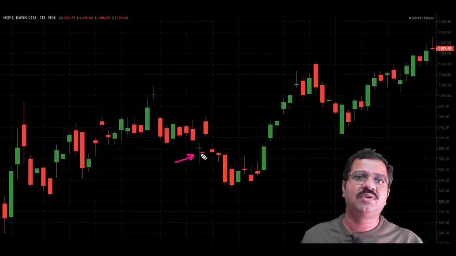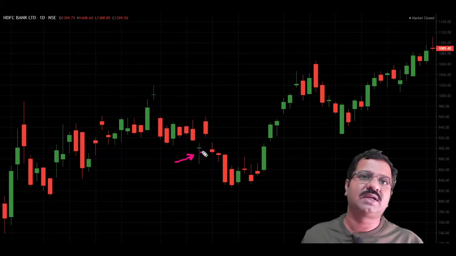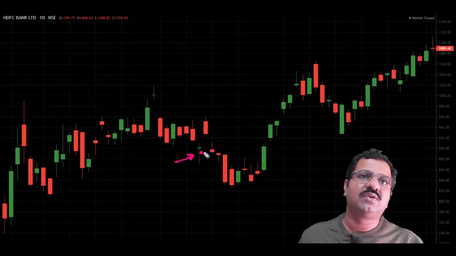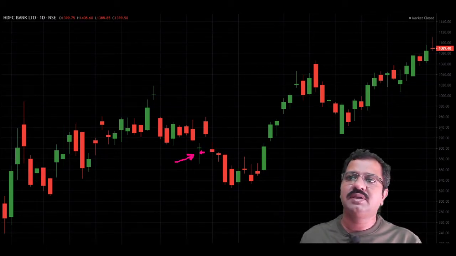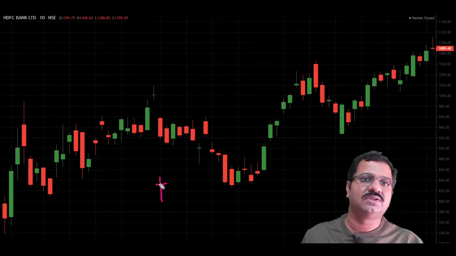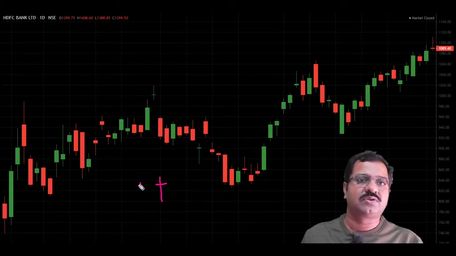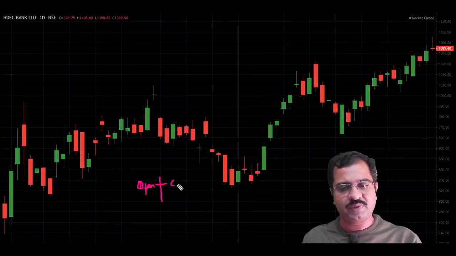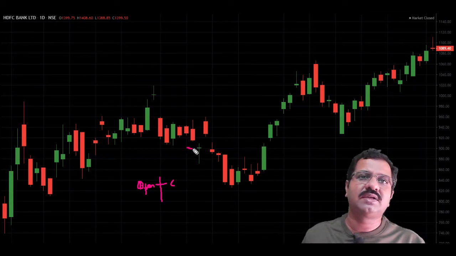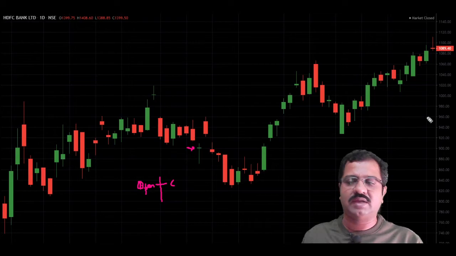Our normal doji's open and close will be exactly in the middle, but the dragonfly doji will be at the top. The candle will be formed like this. This is the open, and the same is the close. Price opened and closed at the same spot, but at the higher side of the candle.